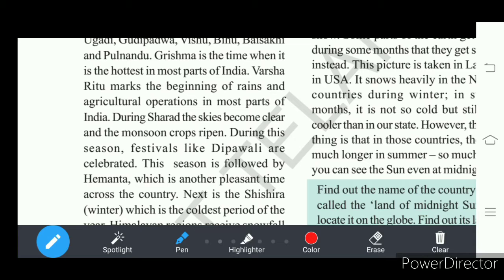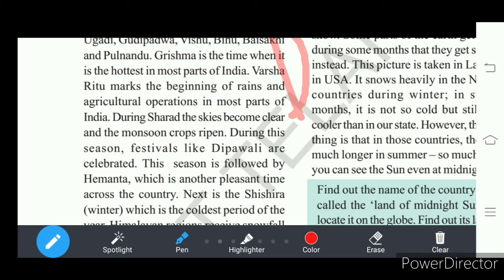The crops start ripening during Sharat Ritu. During this season also, we celebrate some festivals like Deepavali and Dasara, right? Deepavali is celebrated, and that is a mark to say that Sharat Ritu has started in India.